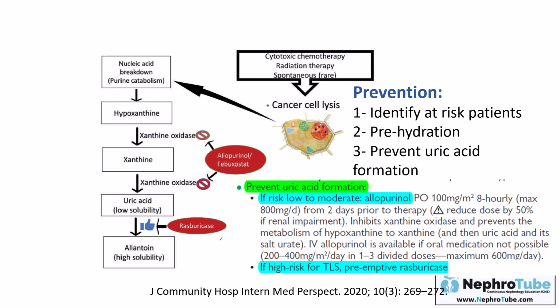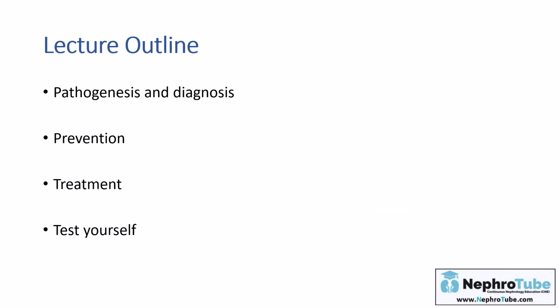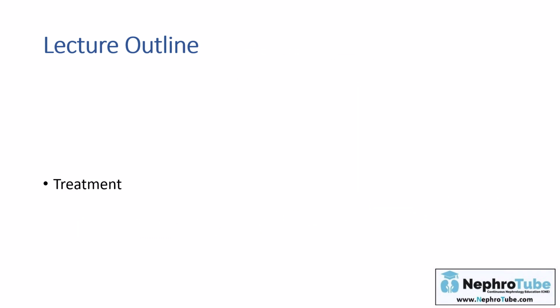But now we can say that rasburicase rapidly decreases the level of uric acid by converting uric acid to the highly soluble allantoin. The next point for my lecture is treatment of tumor lysis syndrome.